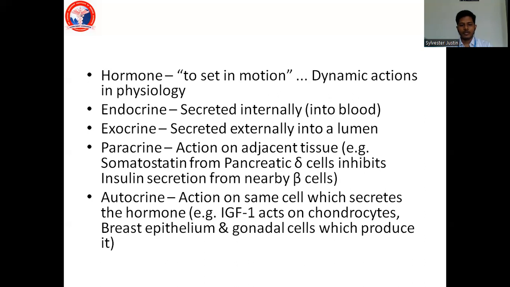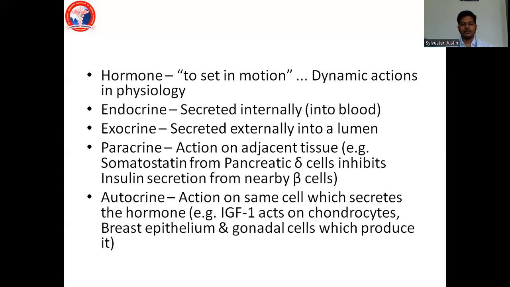For example, somatostatin from pancreatic delta cells inhibits insulin secretion from nearby beta cells. Finally, hormones can also be autocrine, that is, they may have action on the same cell which produces them.